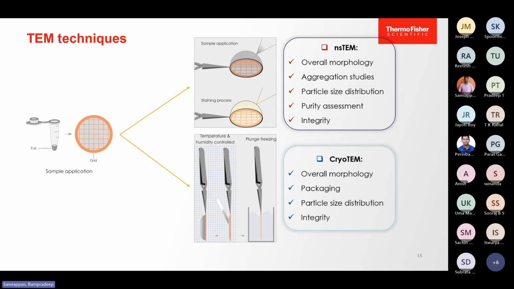Briefly, we have two methods: negative staining, NS-TEM, and cryo-electron microscopy. As a beginner, if I would like to visualize my sample of interest, I would go with the NS-TEM technique, negative staining. I will tell you what that is and how quick it is. Basically, what you need is 3 microliters of sample.